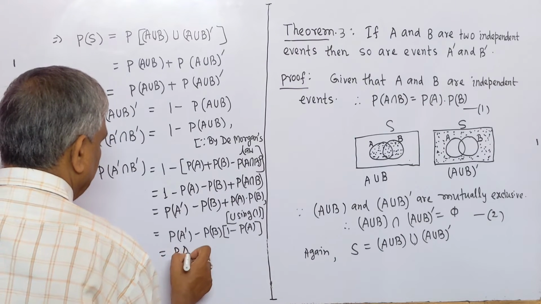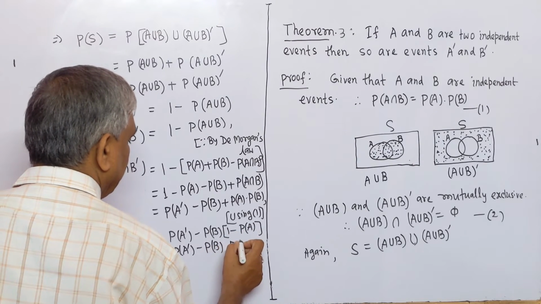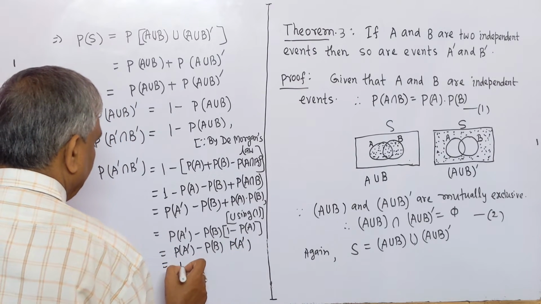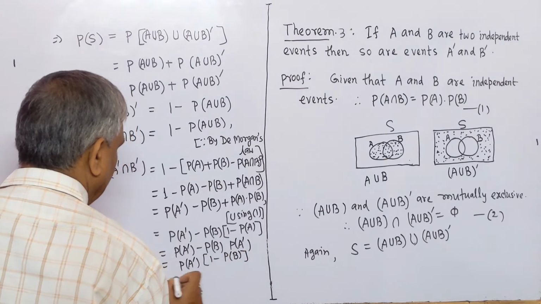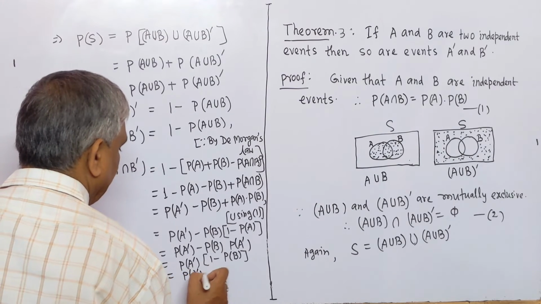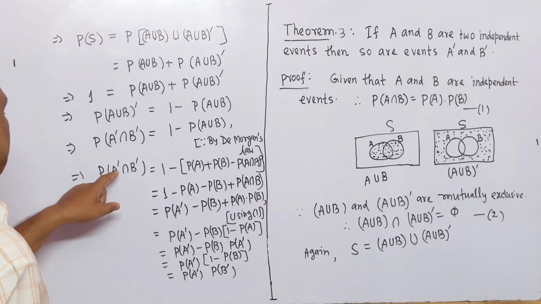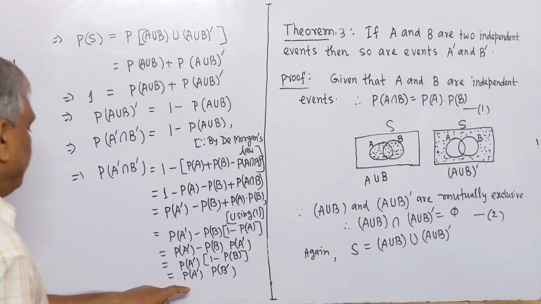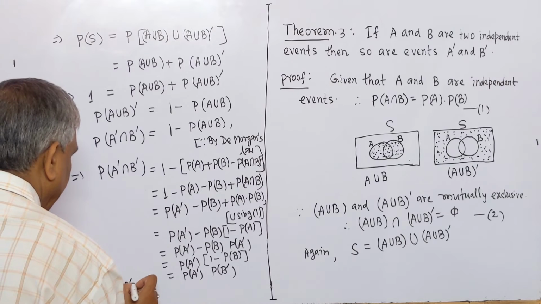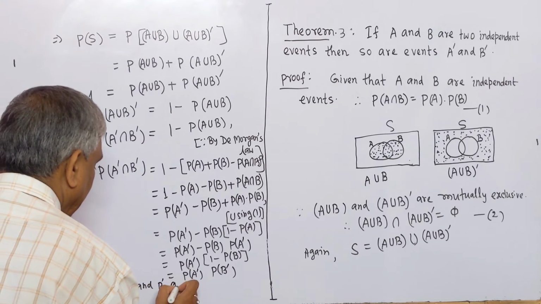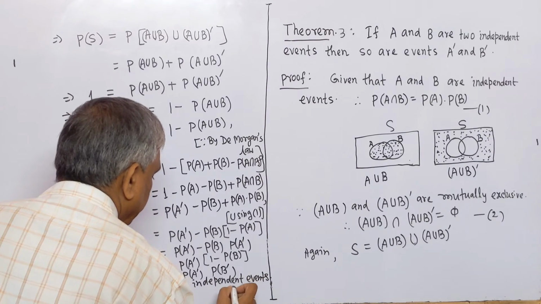This equal to P complement of A minus PB times P complement of A, since 1 minus PA means P complement of A. We take common P complement of A, 1 minus PB, and 1 minus PB is P complement of B. Therefore, P of complement of A intersect complement of B equal to P complement of A multiply P complement of B. This means complement of A and complement of B are independent events. Proved.